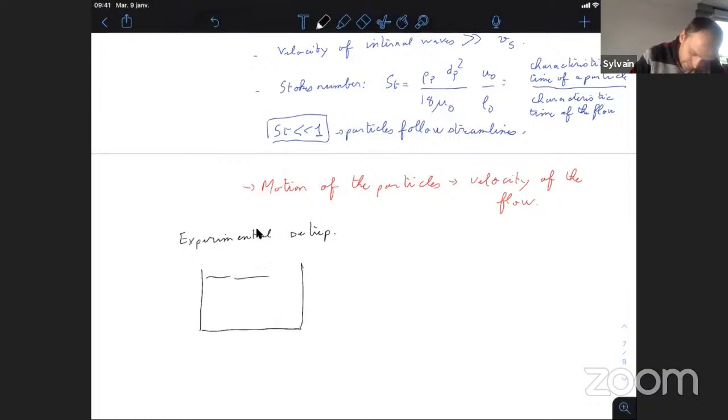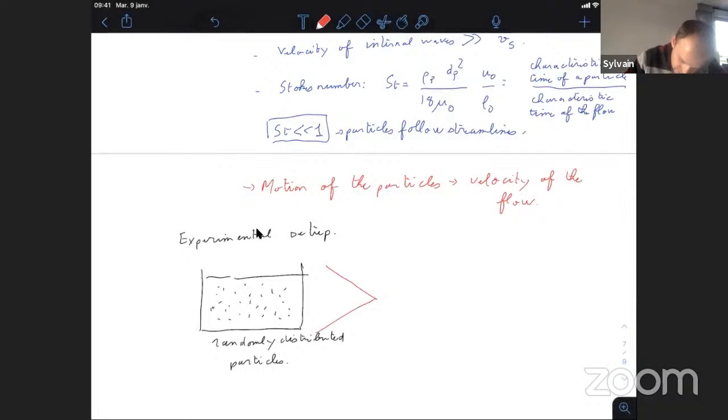You have the fluid. You have randomly distributed particles. Then you have a laser sheet in the midplane, usually, of the tank.